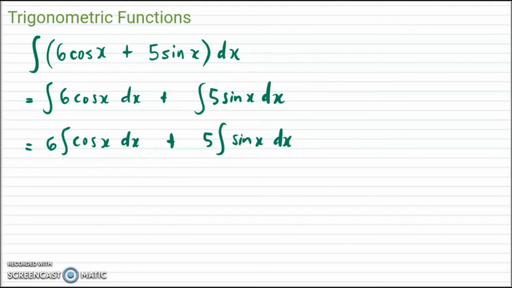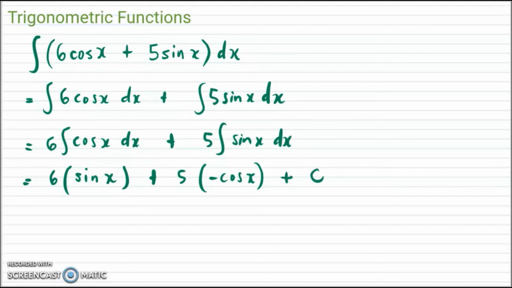And then we have 6 and then the integral cosine x dx according to the rule should be sine x plus c, right? But we will not put the plus c anymore, only once at the end of this answer to the integration. And then plus 5, so the integral sine x dx is negative cosine x plus c. So again, the plus c is here at the end.